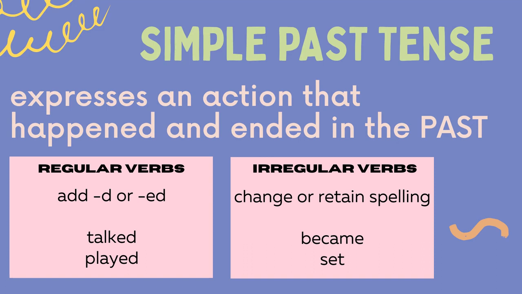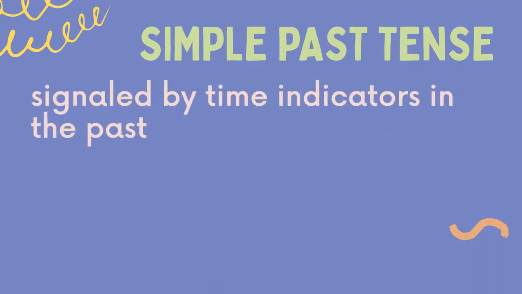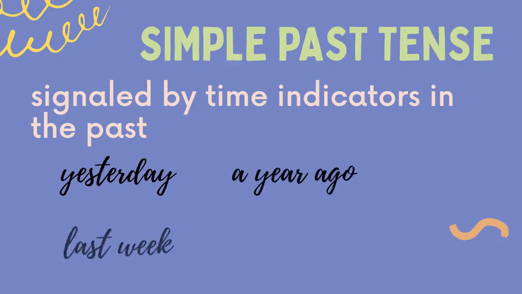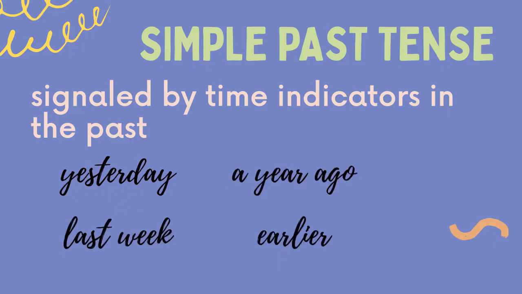They are considered irregular verbs because we form its past tense by changing or retaining its spelling. The simple past tense is signaled by the time indicators in the past. Examples, yesterday, a year ago, last week, and earlier.